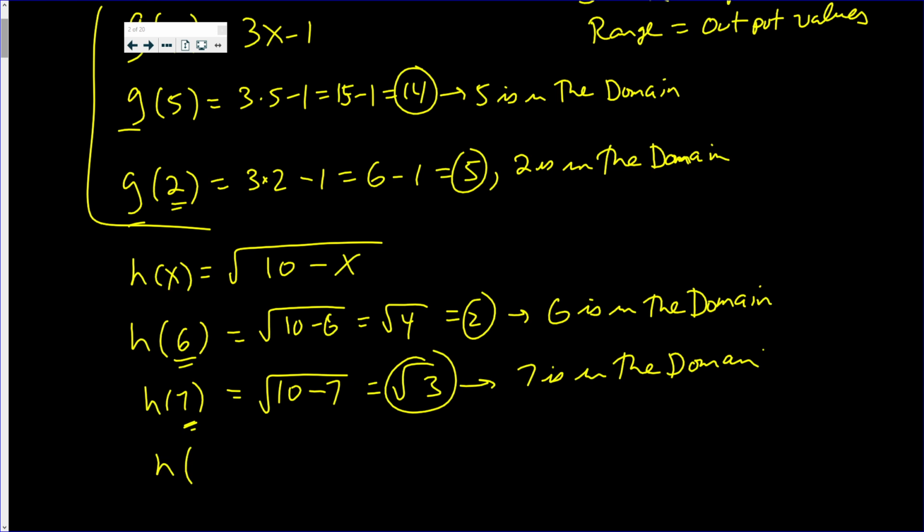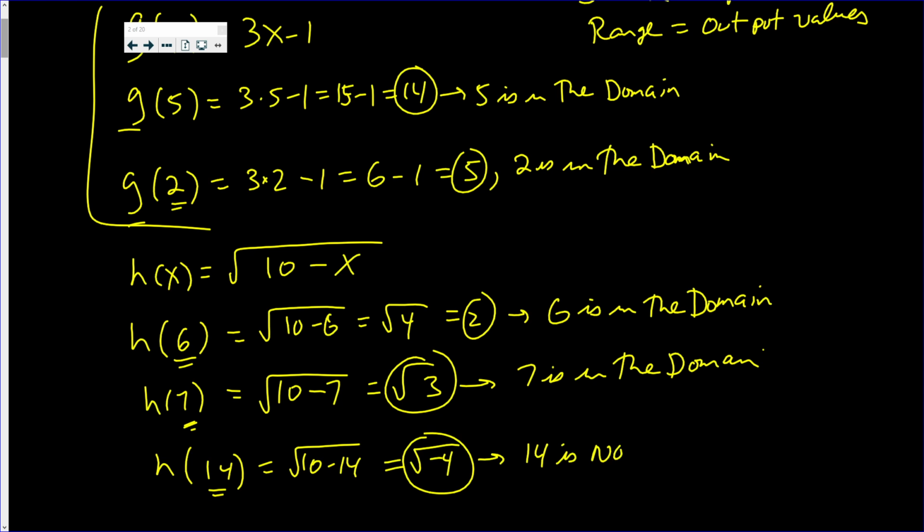Now, h of 14 is, well, 10 minus 14, the square root of negative 4. This is not an intelligent answer. The square root of negative 4 doesn't exist. So the input value 14 is not in the domain.